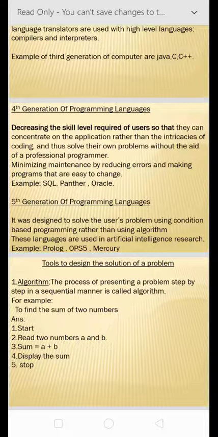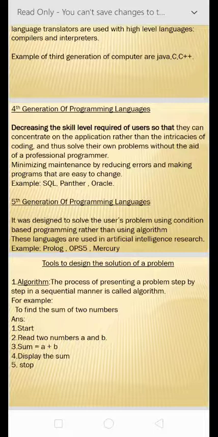The last, fifth generation of programming languages, uses artificial intelligence. This language is based on constraint programming.